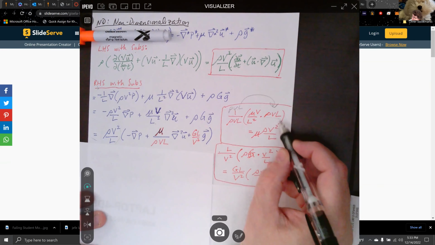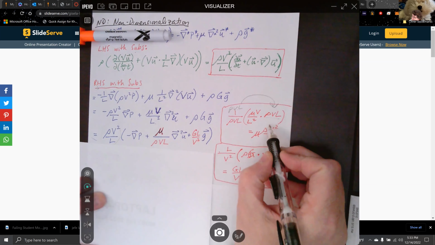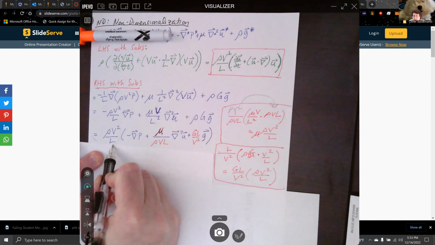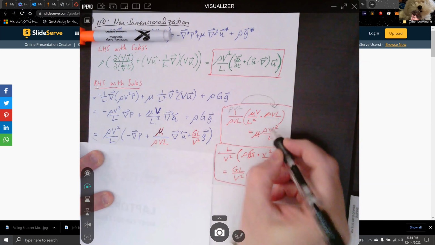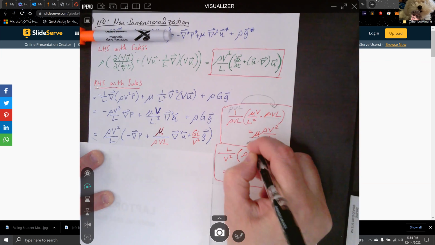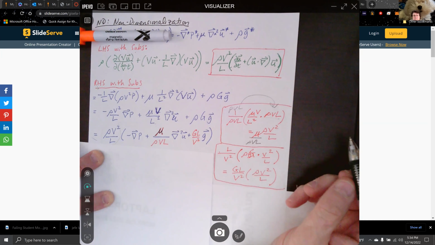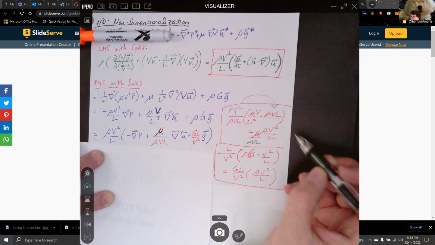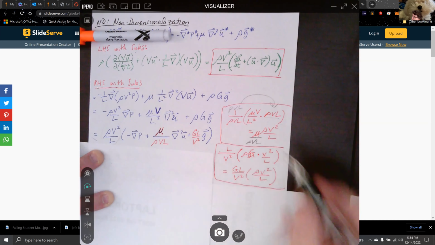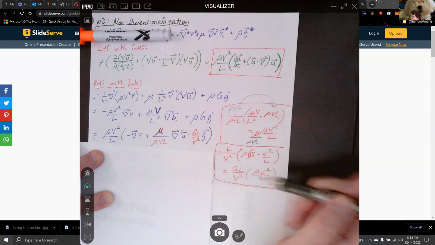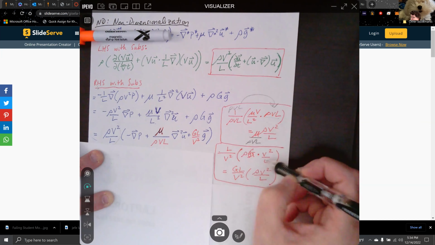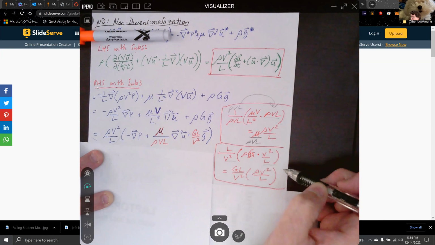And so this is what I want to be able to pull out, the rho V squared over L. So that's what I've done here. And I've still got this part right here, rho VL. So I pulled my rho V squared over L out, and I've got mu over rho VL left. I do the same thing with rho G. I'm going to multiply it by, notice if I multiply these two together, it clears out.